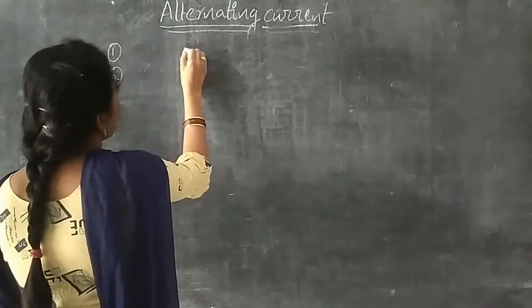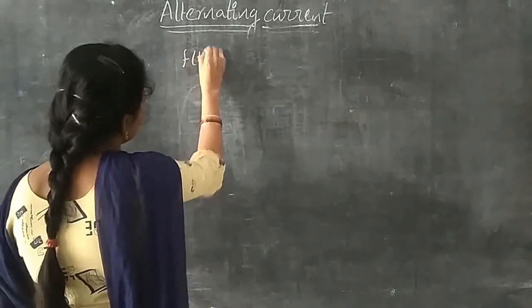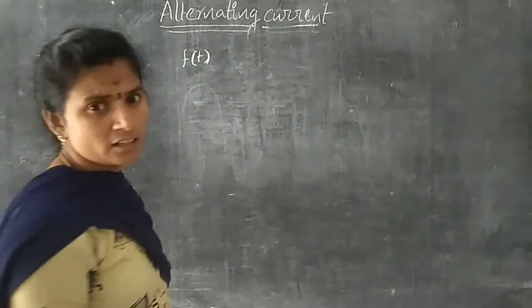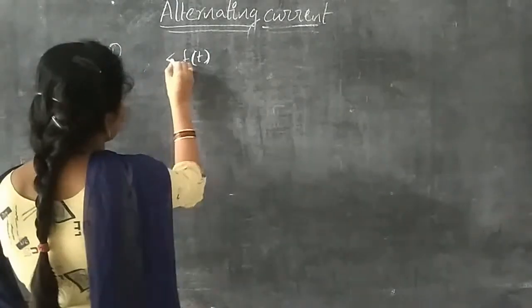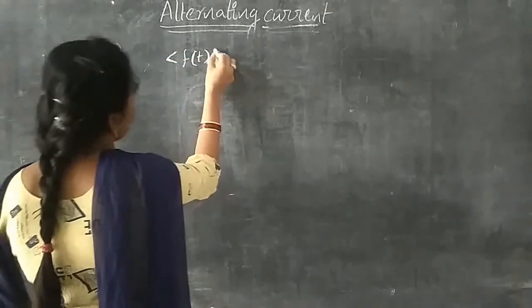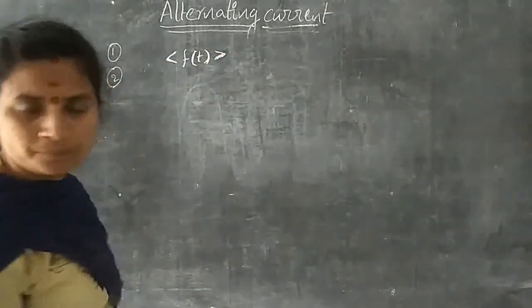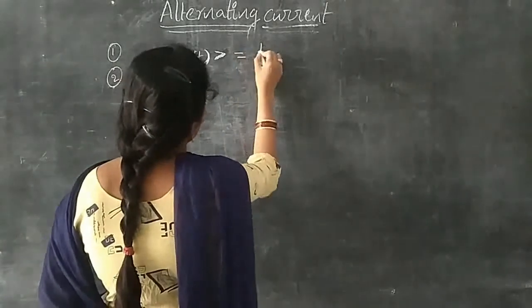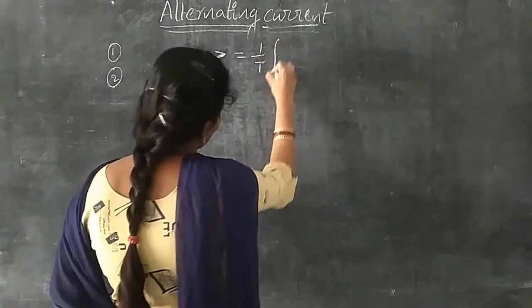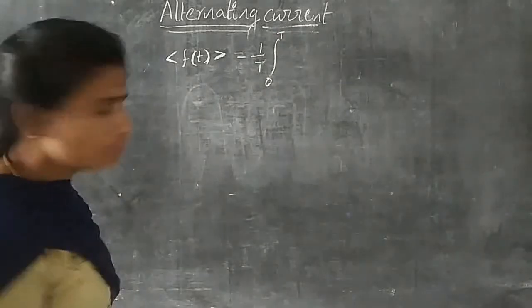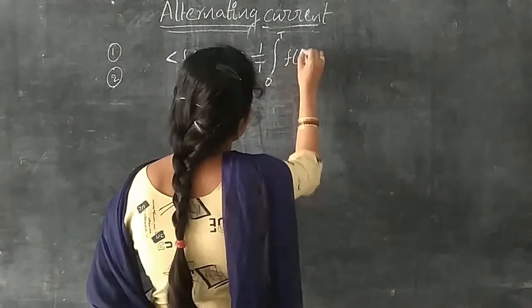How can we prove that? Suppose f of t. We have to represent the average like this: the average of f of t is equal to 1 by T, integral from 0 to T of f of t dt, for one complete oscillation.